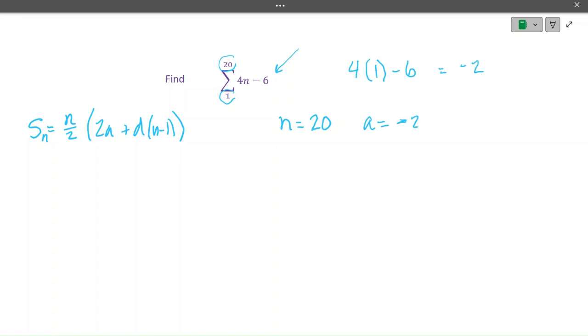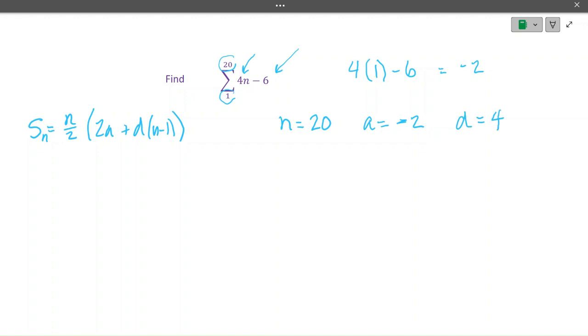So in this notation, it's not quite as easy. They're not giving you a sequence, so you have to find the first term. And then d is what's in front of the variable. This would be like if you were writing an equation in slope-intercept form, it's the number in front of the x. You could just say the variable. So it's 4.